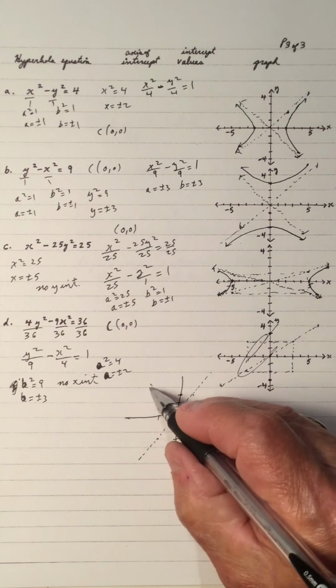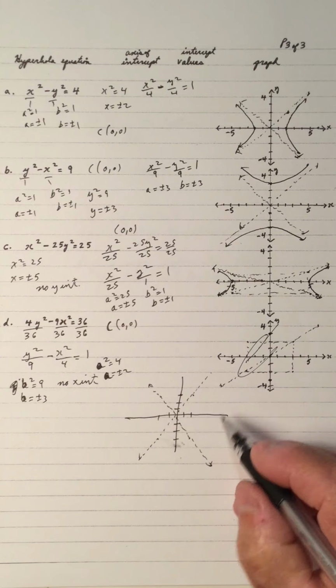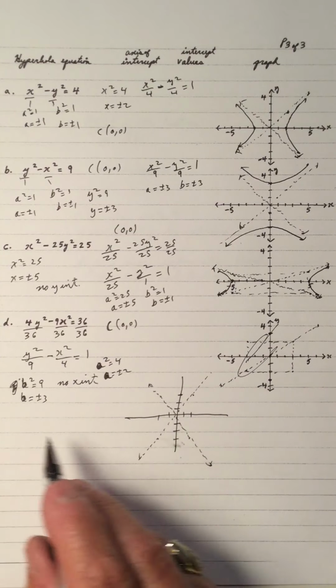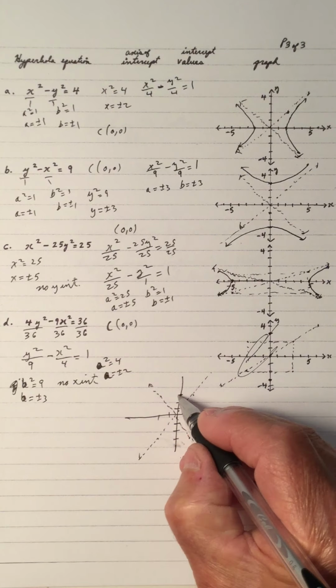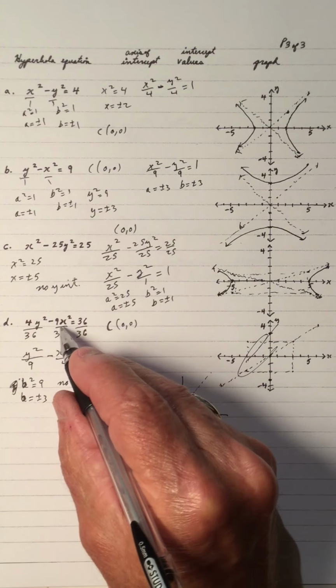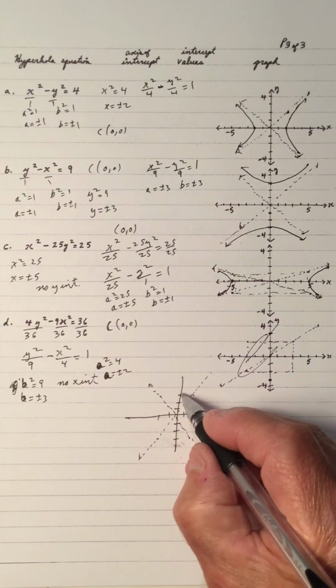There are the asymptotes. Again, it has y-intercepts of 3. It has no x-intercepts because the negative is with the x.